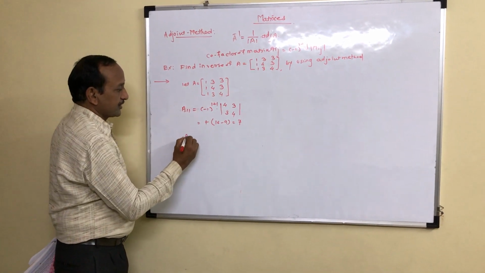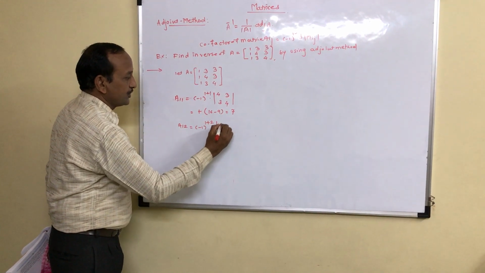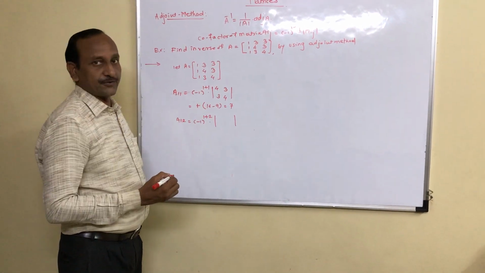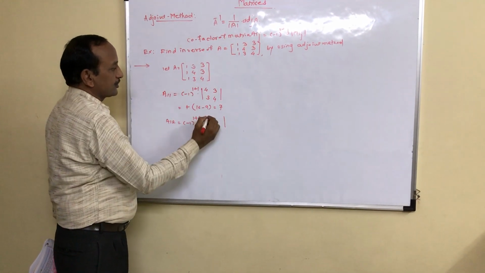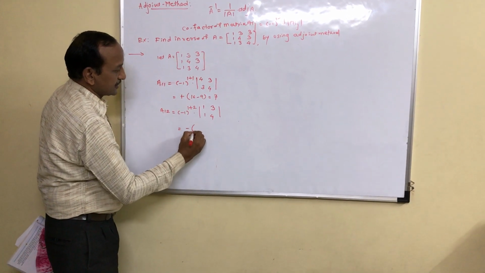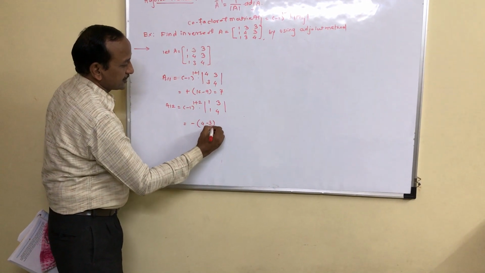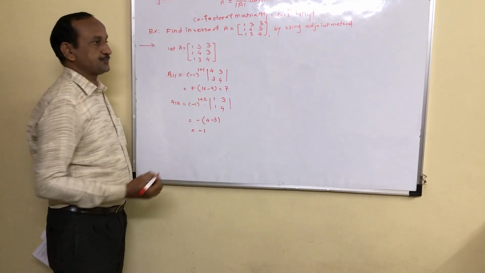Now A12 is minus 1 raised to power 1 plus 2 into minor M12, delete first row second column, minor is 1 3 1 4, minus into bracket 4 minus 3, which is minus 1.